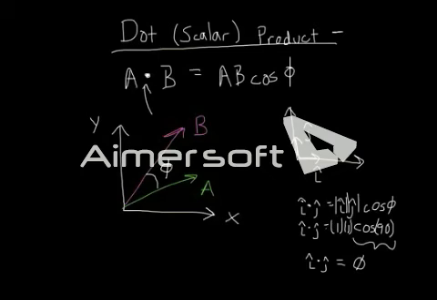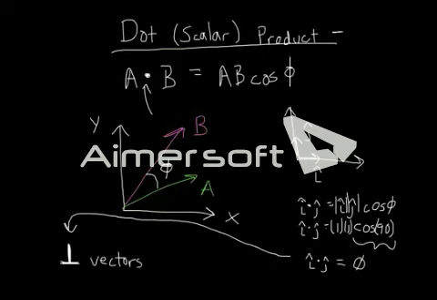The useful aspect of this, what this means for us, is that any perpendicular vectors have a dot product that's 0. Have a 0 dot product.